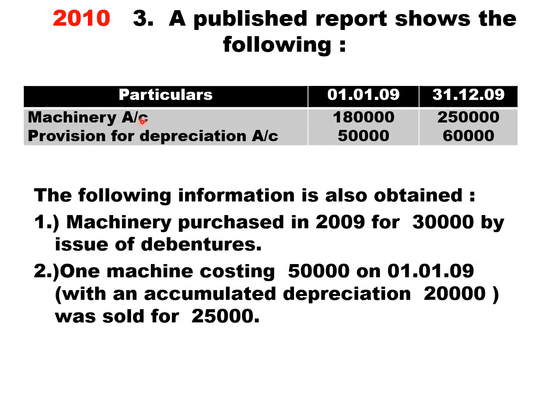Next, students, it's come for 2010. A published report shows the following. So we have machinery 1,80,000, called opening machinery. 2,50,000 is called closing machinery value. Provision for depreciation account. This is a new account to be prepared by you.